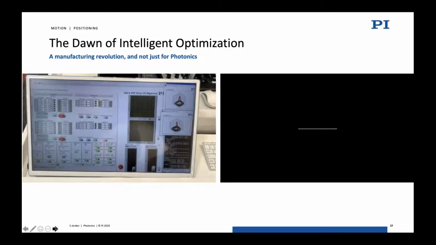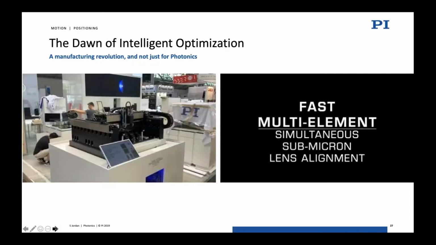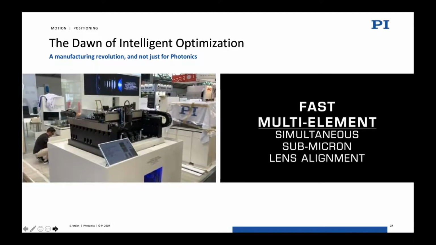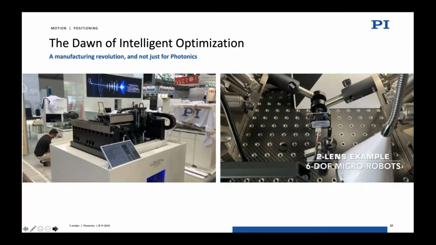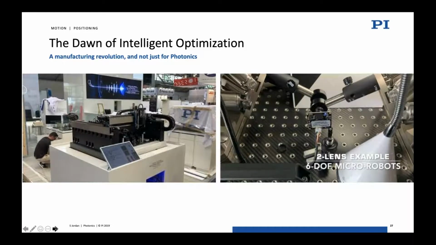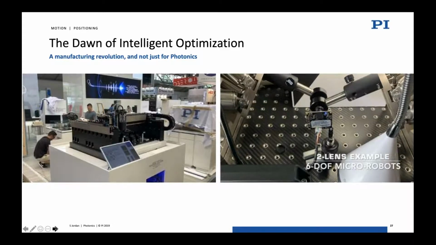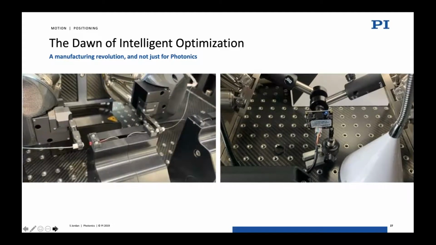And now the alignment is really the least of it these days. It's because it takes so little time. These applications now tend to be dominated by glue curing and things of that sort rather than alignment. So that's quite a contribution.